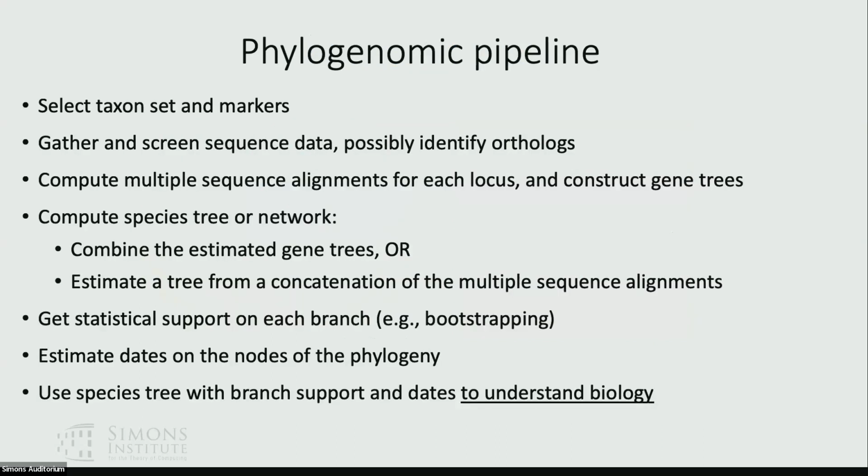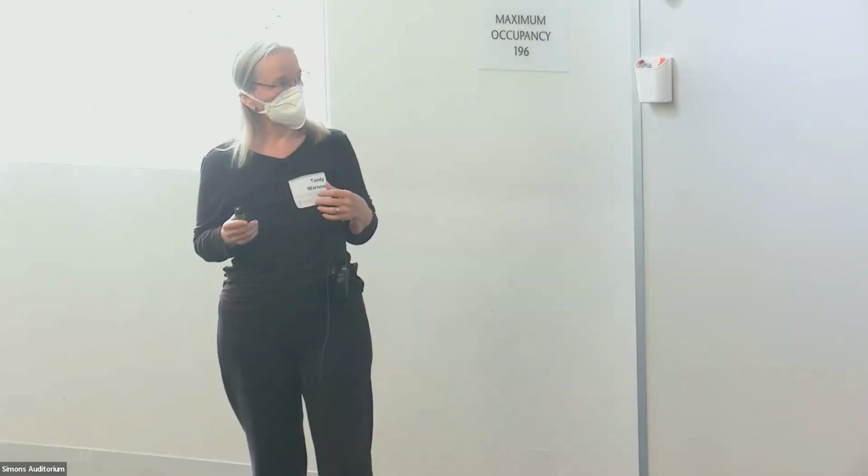So a phylogenomics pipeline is actually pretty complex. It starts with thinking about what data you're going to want to look at, figuring out orthology, potentially doing multiple sequence alignments on each locus, getting gene alignments and gene trees, either then concatenating the alignments to get the tree, or using the gene trees to get the species tree, or doing a network.